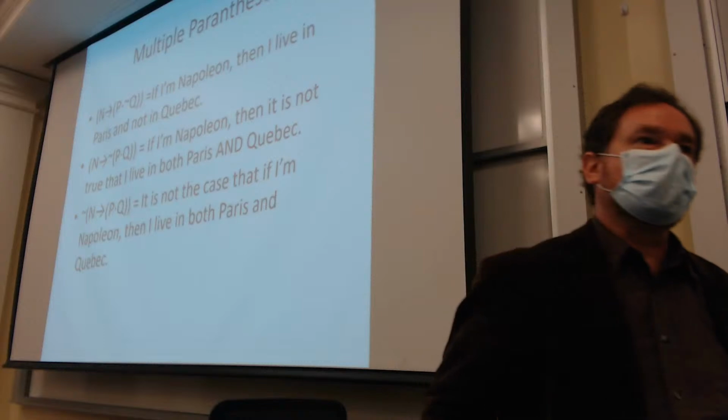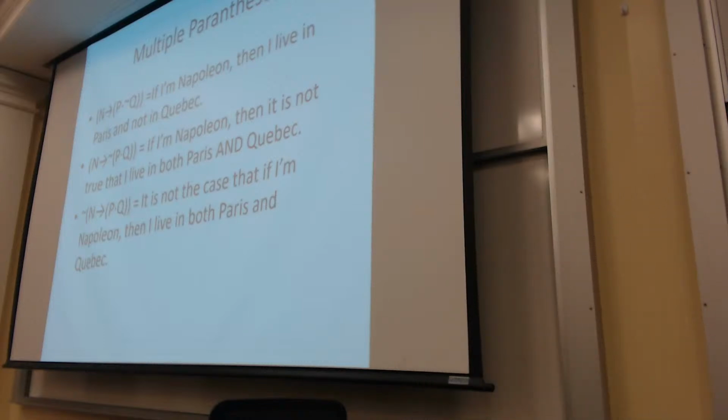Now, just to make your lives harder, bad news, our truth statements can have more than two claims involved. And when you get more than two claims involved, you need multiple parentheses. It turns out there's a big difference between where you put the parentheses and where you negate things in reference to the parentheses.